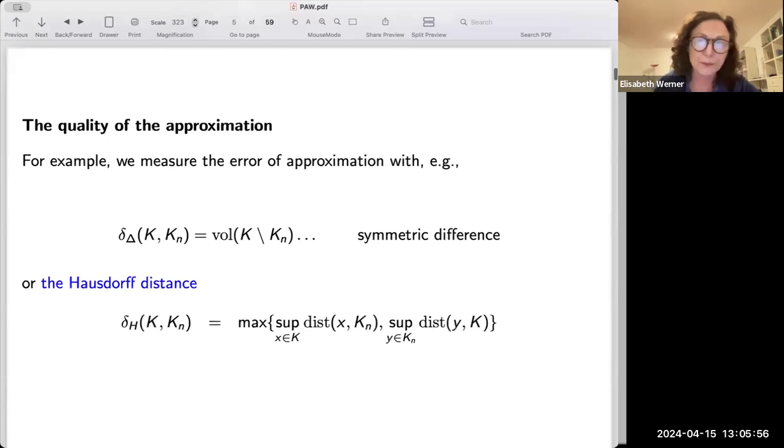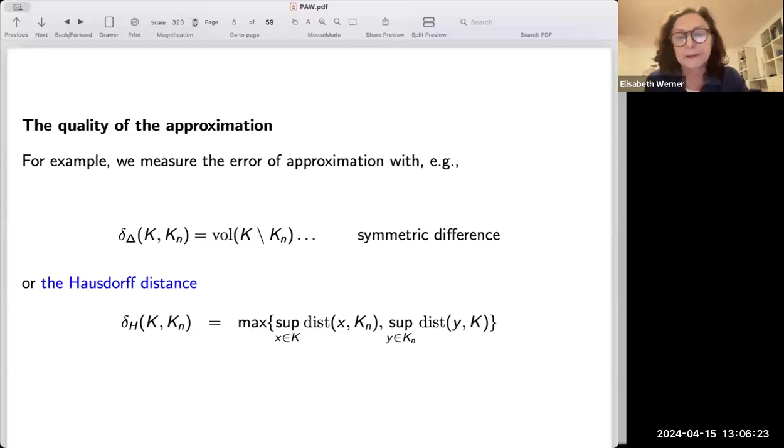And the other one, which we will be mostly interested in, is to look at the Hausdorff distance. So the symmetric difference metric I denote by this delta-delta. The Hausdorff distance, which we, as I said, are mostly interested in, I'll denote by this delta-H. So what is the Hausdorff distance between the convex body K and the random polytope Kn?